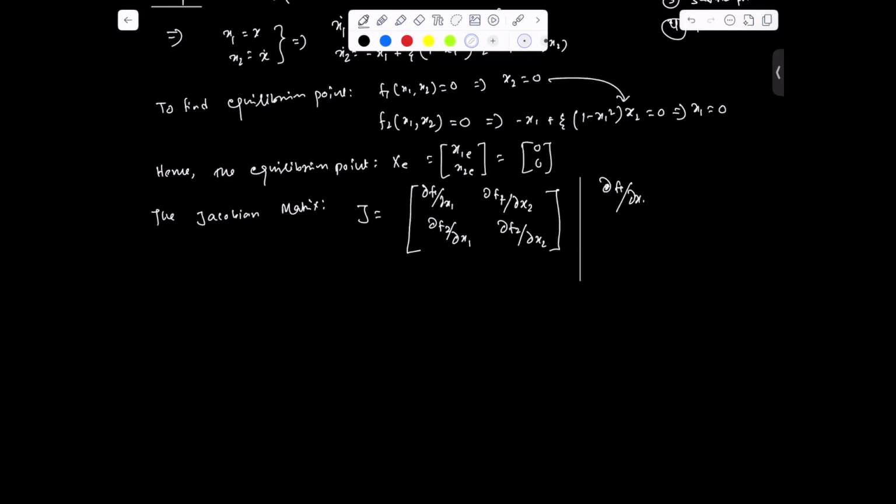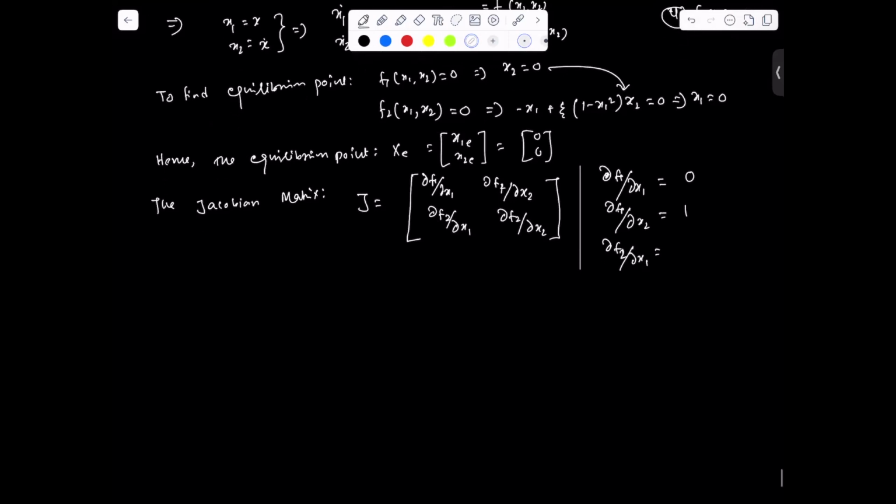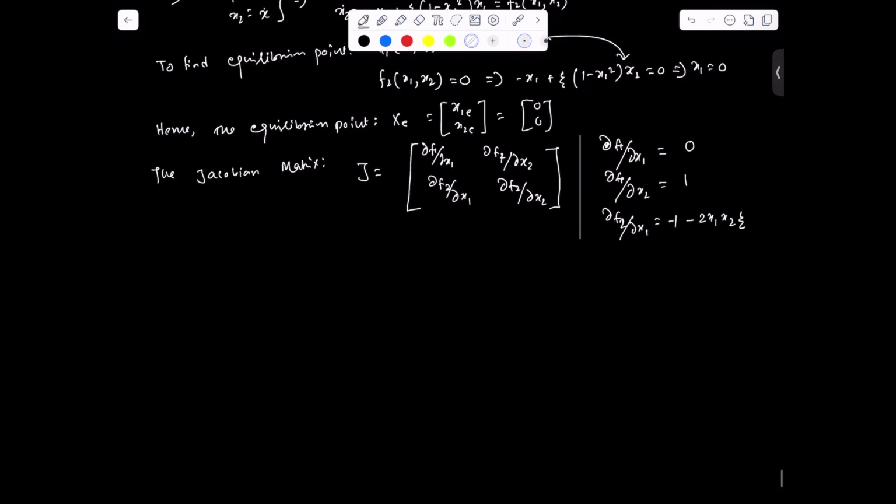Dou f1 by dou x1 is 0, dou f1 by dou x2 is 1, dou f2 by dou x1 is minus 1 minus 2 x1 x2 times zeta, and dou f2 by dou x2 is zeta times 1 minus x1 squared, right?